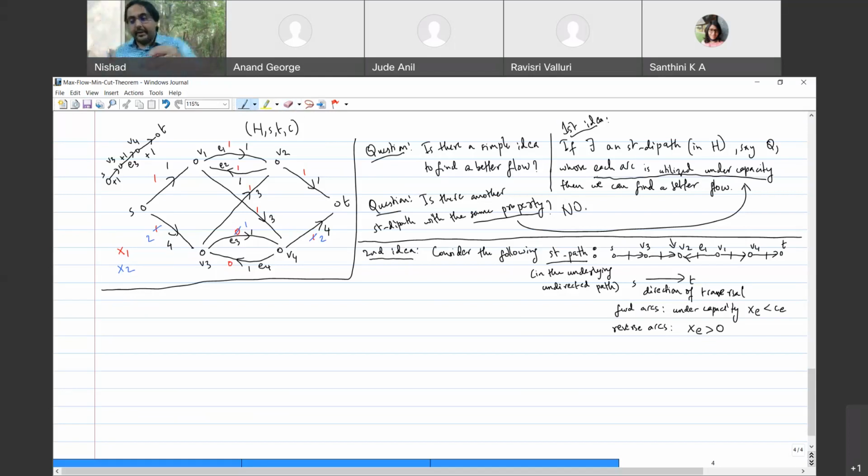If these two conditions hold, then I can again improve the flow. I can find a better flow by doing some modifications. Are there any questions or concerns regarding the discussion so far?